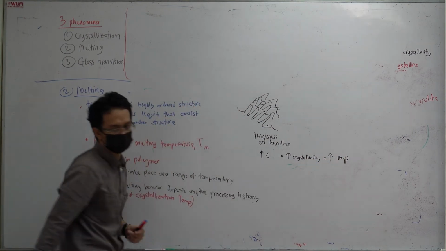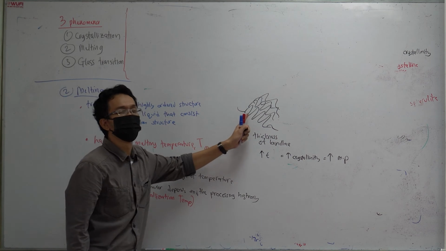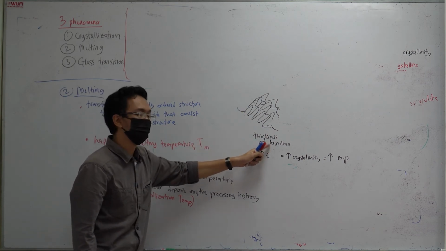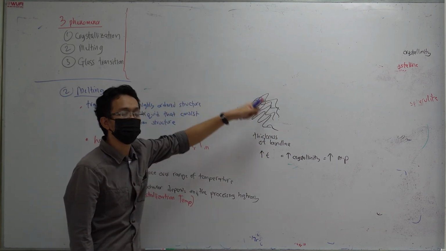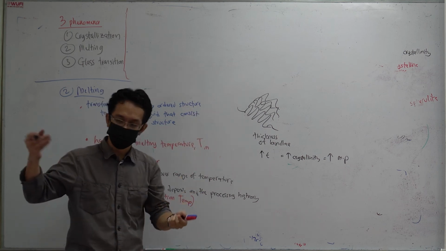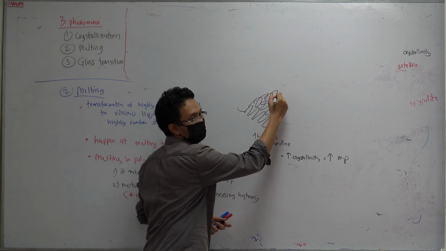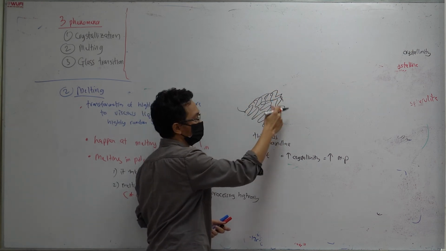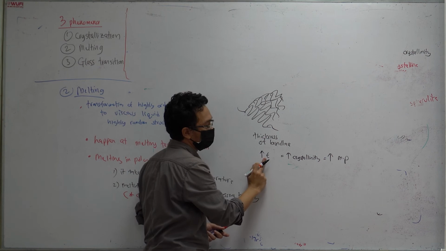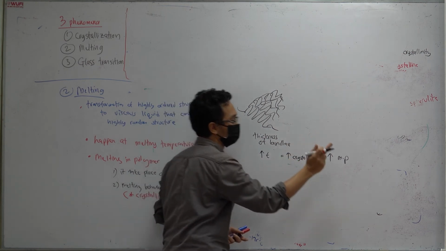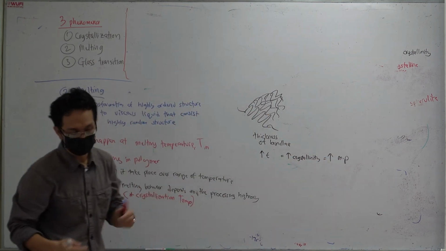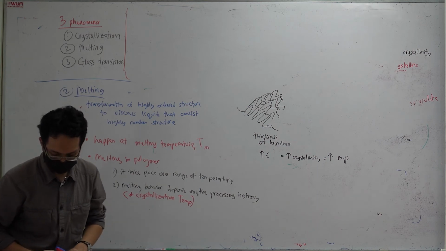And how to increase the thickness of lamella is by annealing. If you anneal using a slower cooling rate, then you get a lot of lamella. By doing that, you increase the thickness, you increase the crystallinity, and at the same time you increase the melting point. So it's connected with each other.